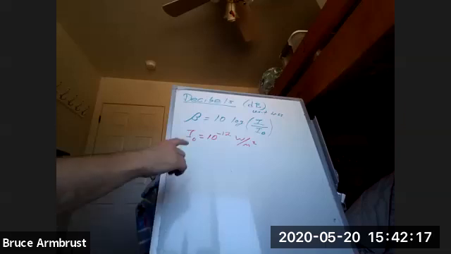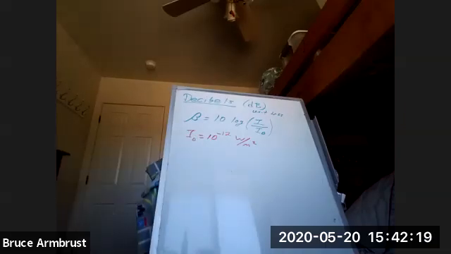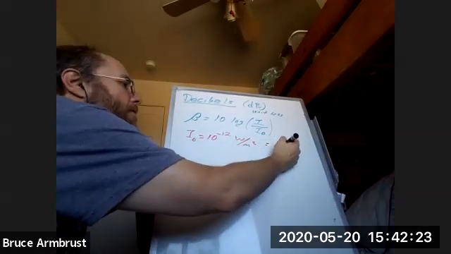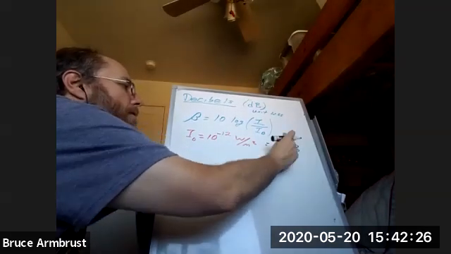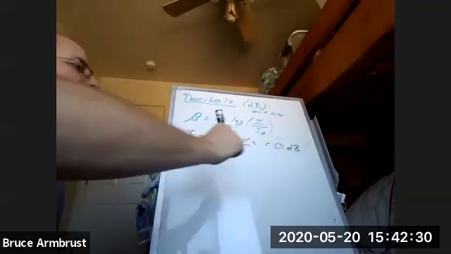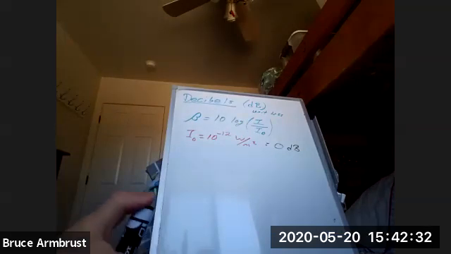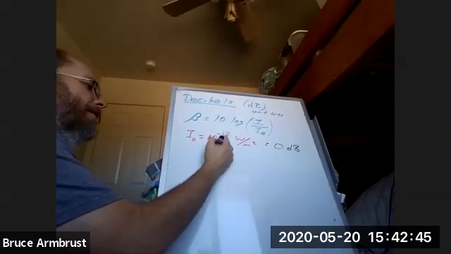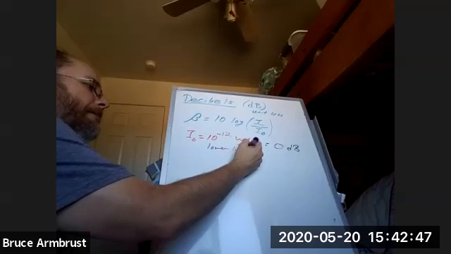So basically, this is the sound level that corresponds to 0 decibels. So on the sound intensity scale, 0 decibels means this intensity. If you're curious where this came from, this is basically the lower limit of hearing.